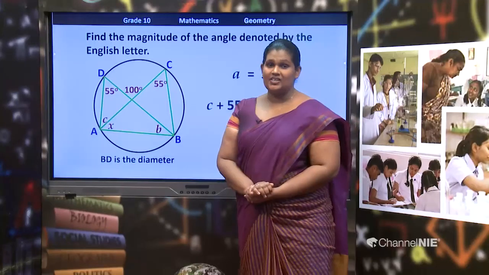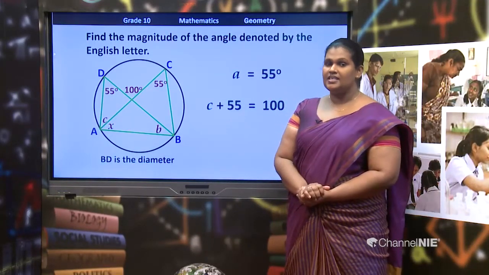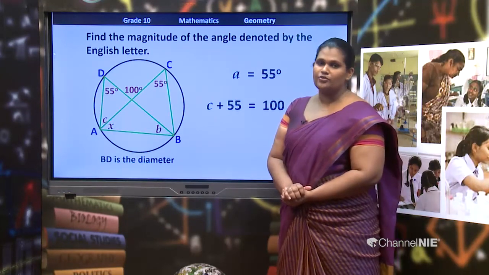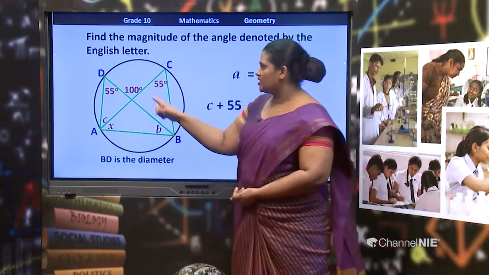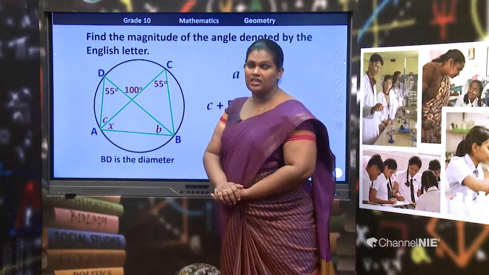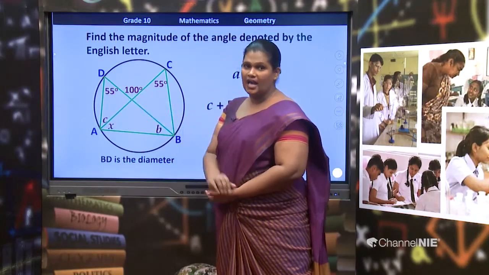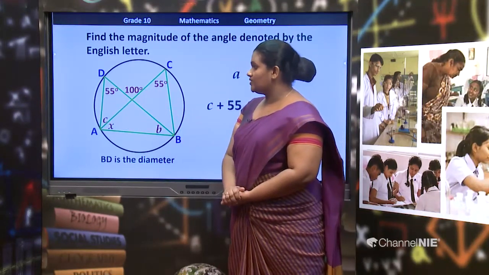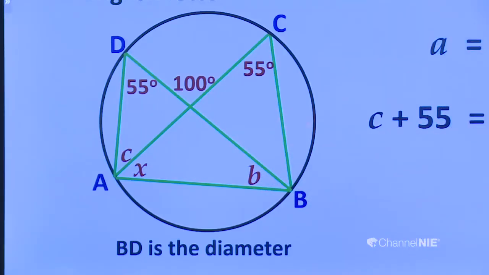The reason is the magnitude of an exterior angle is equal to the sum of the interior opposite angles. This is the exterior angle, the magnitude of it is 100 degrees. These are the interior opposite angles, so we can get the sum by adding these two values. So, C plus 55 is equal to 100.